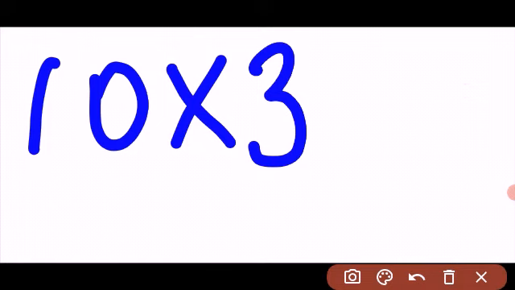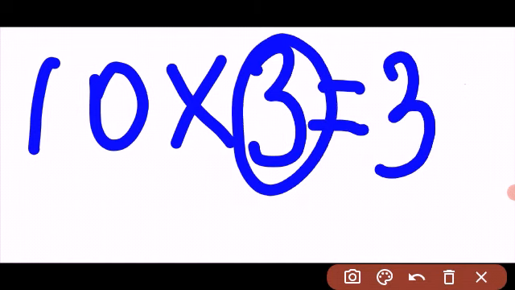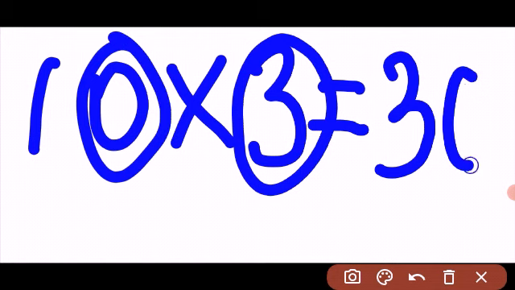Do you need to crack your head over it? No. The answer is, you write the same 3 here, you collect the 0 of 10 and add it here. That's it. 10 times 3 is 30. Very easy.